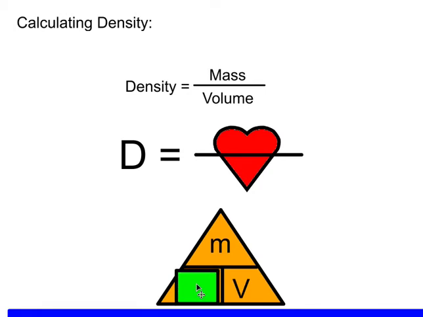I cover up the D, and it brings me back to my very familiar formula that D is mass over volume. If I want to know the mass, I cover up mass, and mass is density times volume. If I want to know the volume, I cover up V, and volume is mass divided by density. So if algebra is not your thing, just ask the friendly triangle. It's always willing to help.